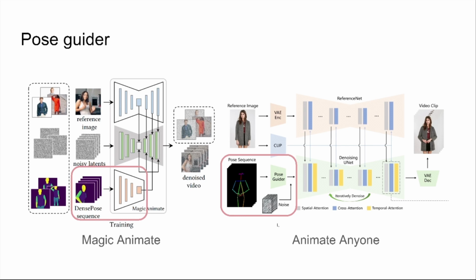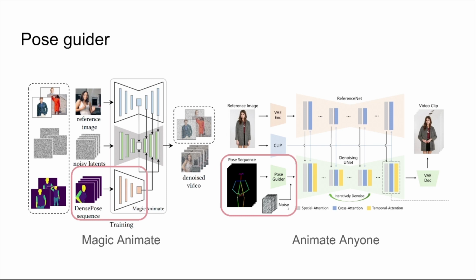In Animate Anyone, they found that the Stable Diffusion part, the original network, and the ControlNet network are kind of redundant, because if you train this, you copy the original one to ControlNet, and you also copy the original one to the reference net. Finally, you get 3 times the memory. So they found the ControlNet and the original one are just redundant.